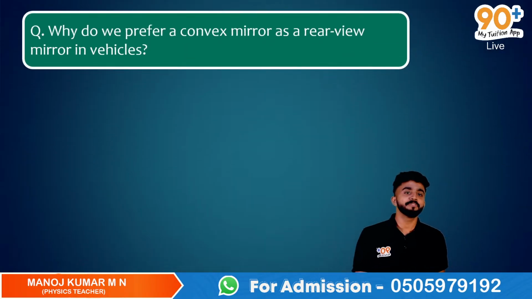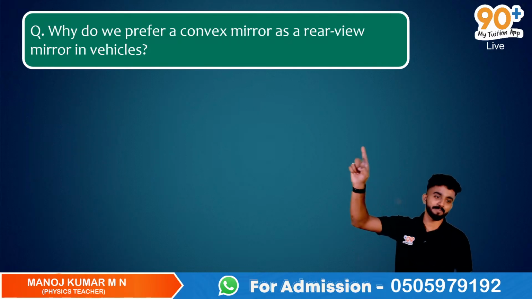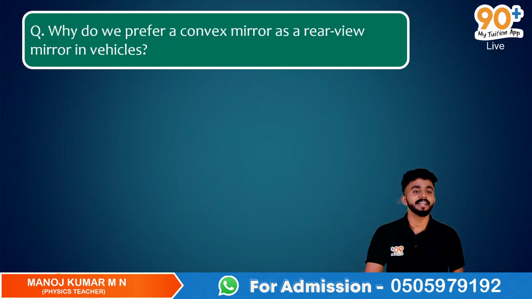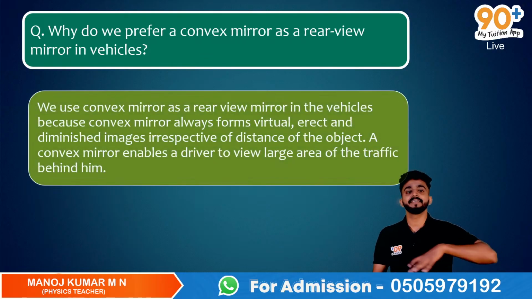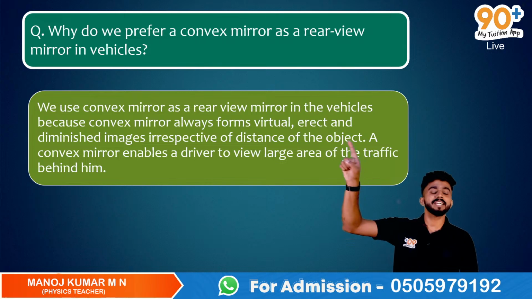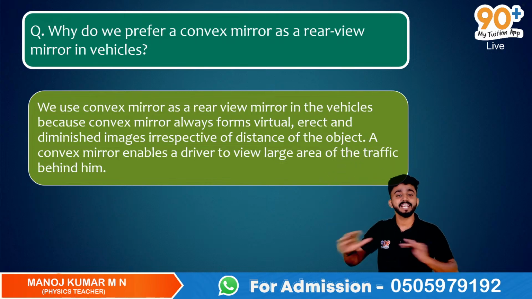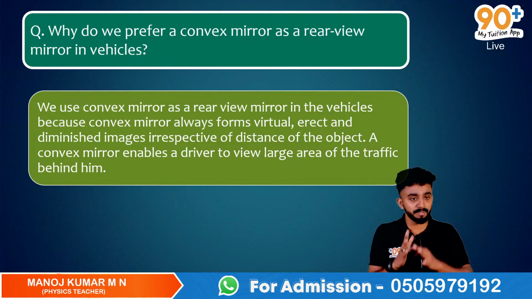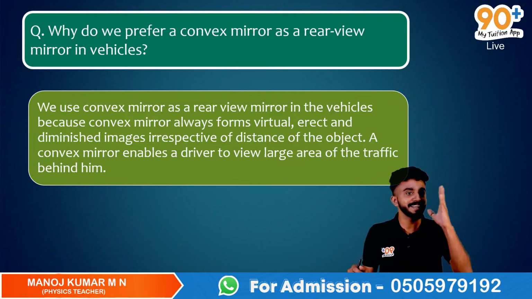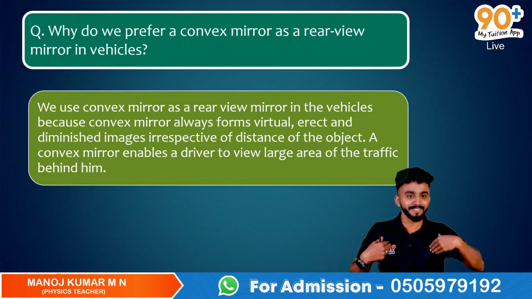Now, why do we prefer a convex mirror as a rear view mirror in vehicles? You all were confused with respect to this case, right? So the real reason is a convex mirror will give us a wider field of view. We use convex mirror as a rear view mirror in the vehicles because convex mirror always forms a virtual, erect and diminished image. The image will not be inverted. We need an erect image, right? We need to see all the vehicles behind our vehicle, isn't it?